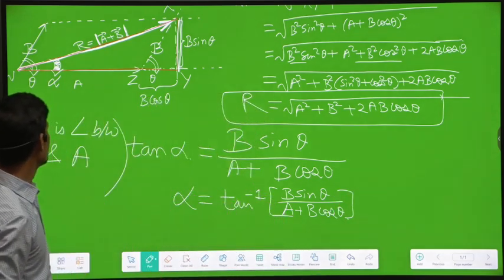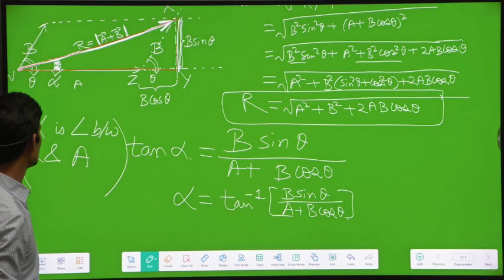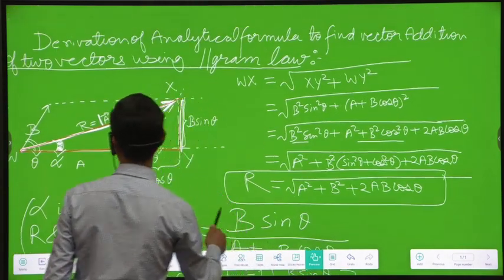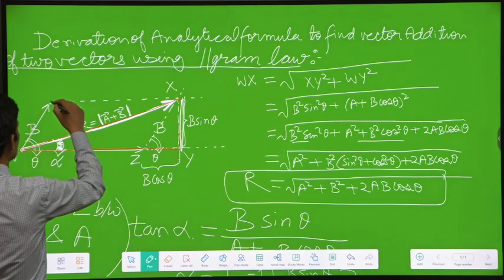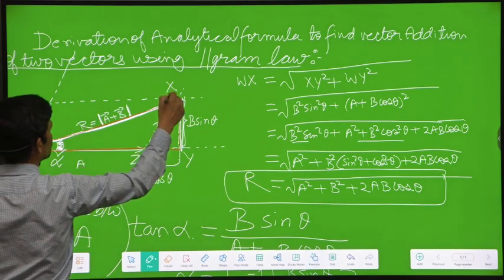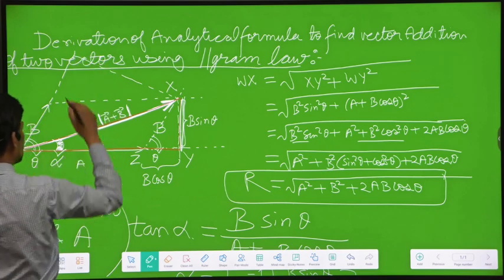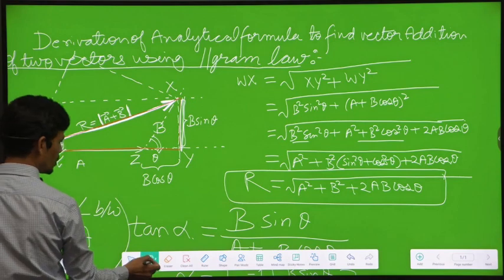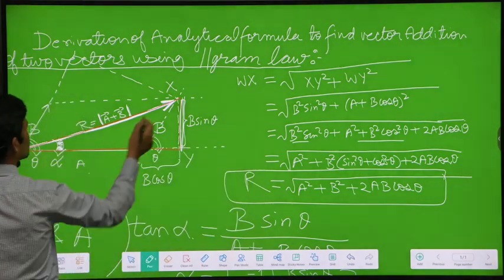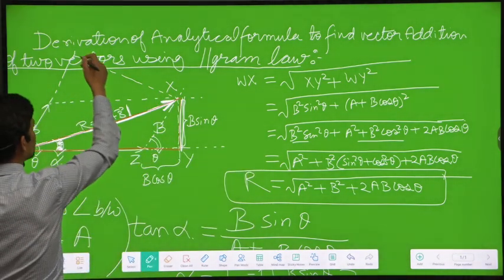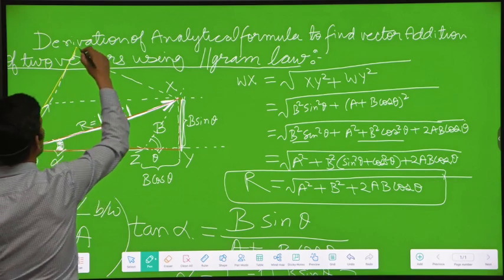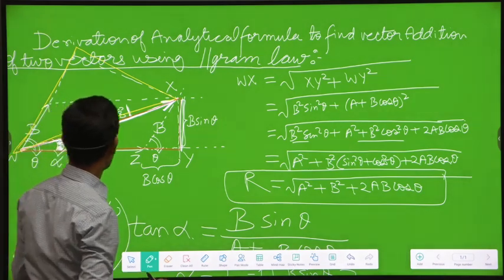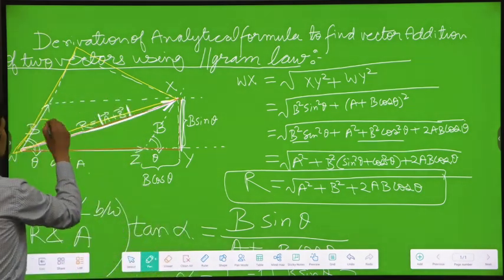Similarly, we can do it with B also. I'm leaving it for you. I will tell you how it would look, but you have to do it yourself. So I have produced this and drawn a perpendicular. We have to take this triangle, and there is beta.